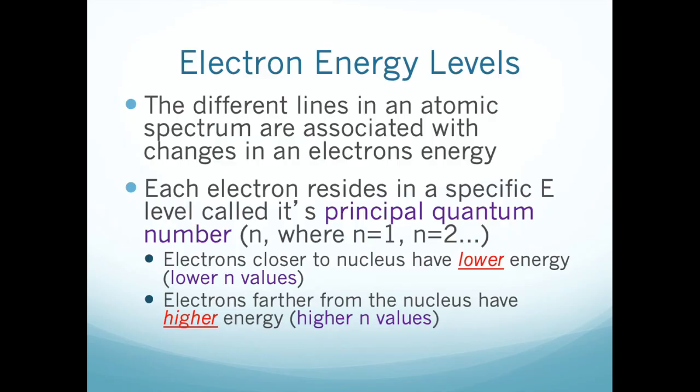And we'll talk about that concept of principal quantum numbers a little bit later, something that we still hold on to in our common understanding of electronic structures. But basically, it's similar to that concept of shells that you may have heard in another science class. But the bottom line is we have these energy levels, and as the number increases, you're getting further and further away from the nucleus.